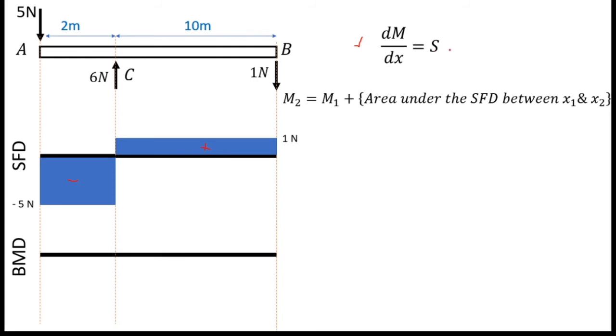We already drew the shear force diagram, so we can get shear force values from it. The second formula is for finding values of the bending moment diagram. It says M2 equals M1 plus the area under the shear force diagram between x1 and x2. So we'll see how to draw the bending moment diagram for this beam.